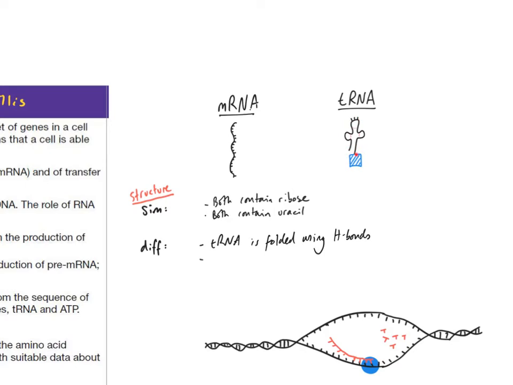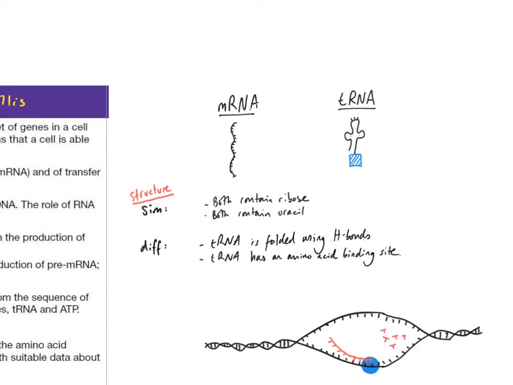So it must have something here, like a little hook, that enables it to hook onto the blue box. And the blue box is what tRNAs carry. It's an amino acid. So tRNA has an amino acid binding site.